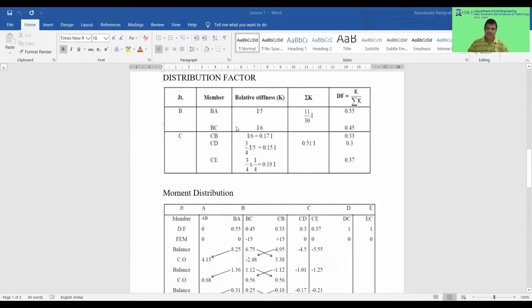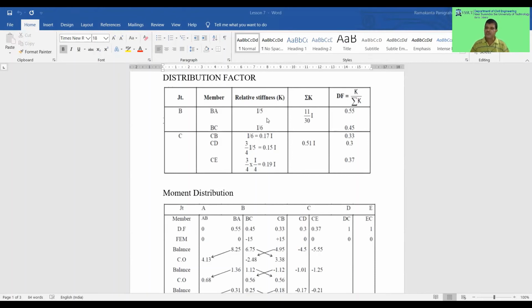Now for joint B, I have told already in some problems, either you can take the relative stiffness, or you can take the member stiffness. Member stiffness is 4EI by L for both ends fixed.